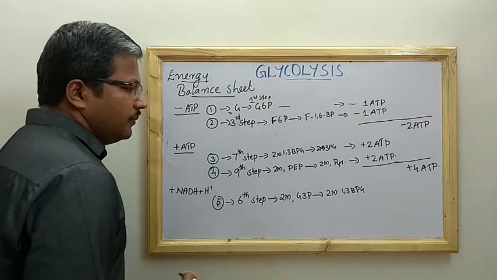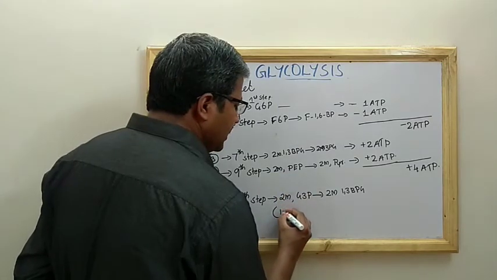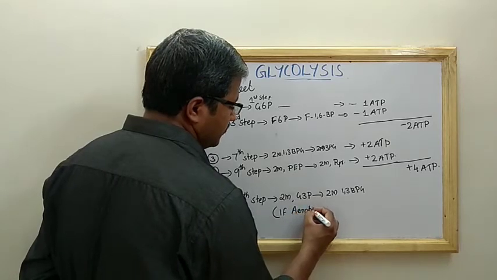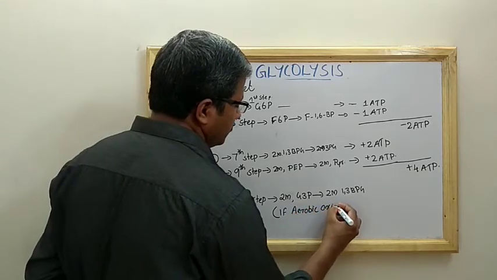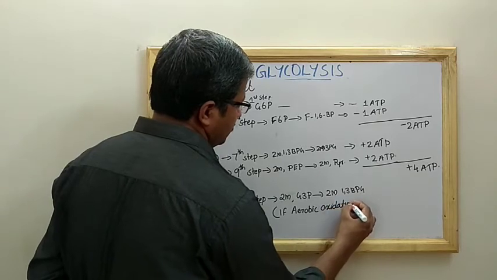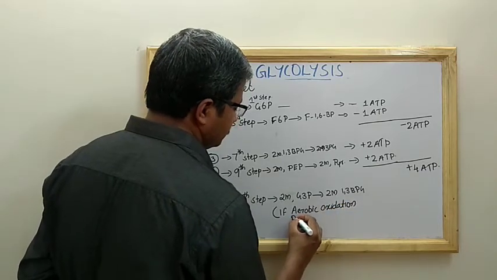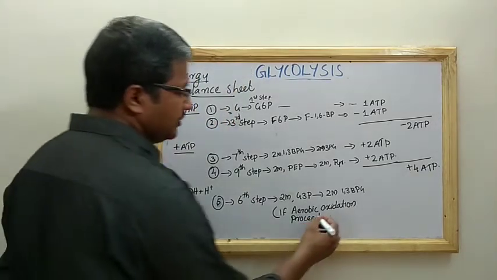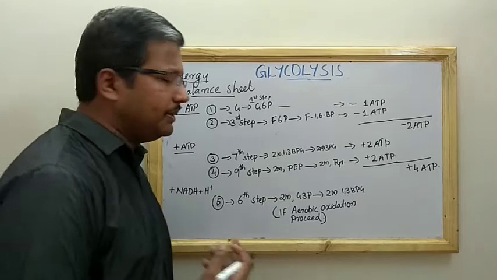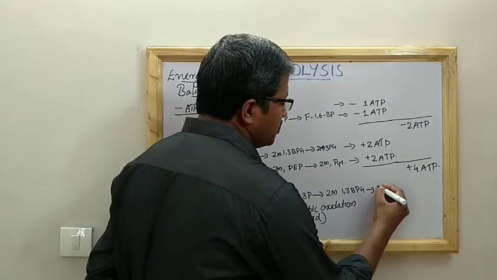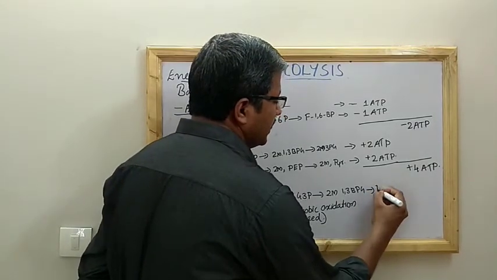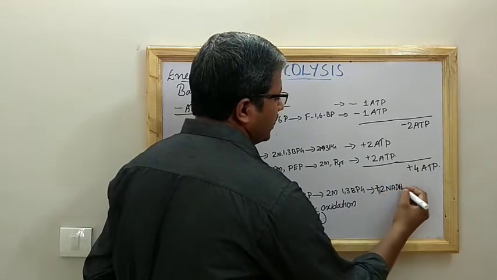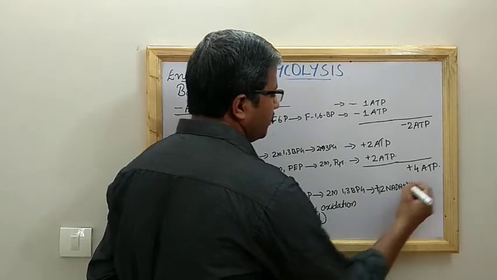Now, only if aerobic oxidation proceeds, that means if Krebs cycle happens, here 2 NADH plus H plus is formed.